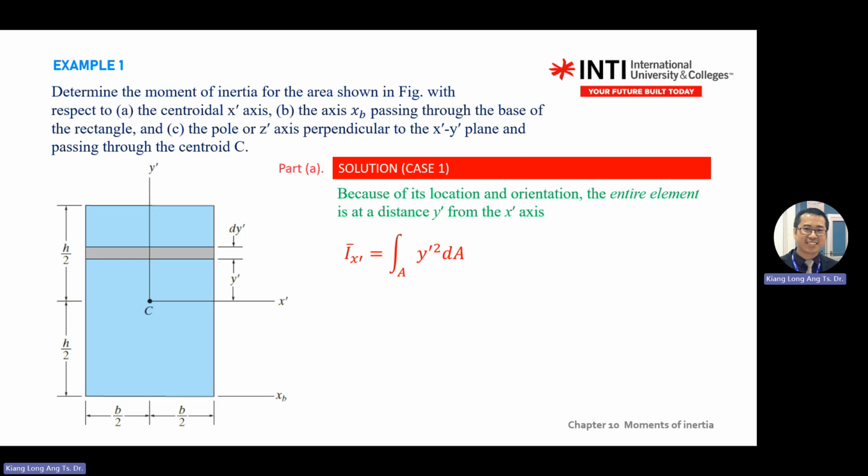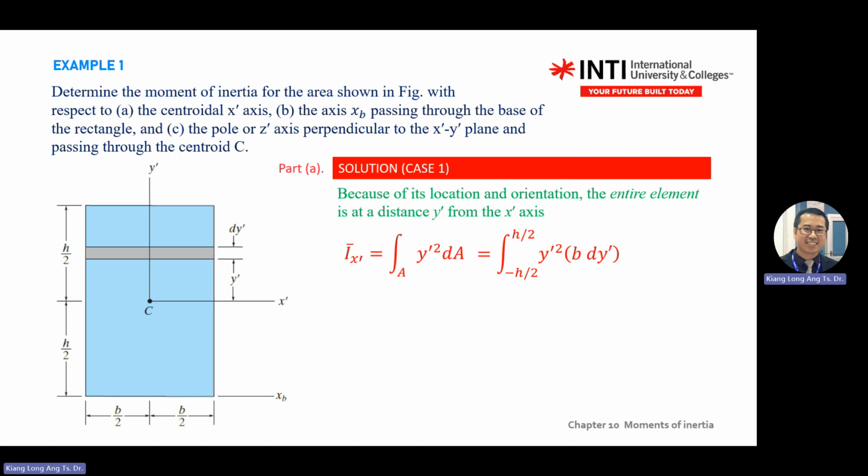So this is y prime squared dA. Expand the dA. How do you find the dA of this one? You take dy prime multiplied by b. This is half b, half b, you total get b. So b dy prime gives you the area.